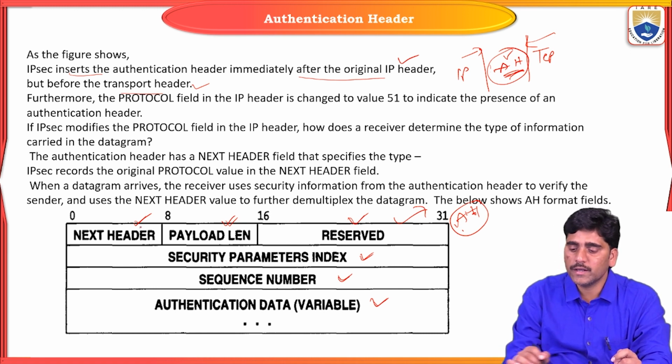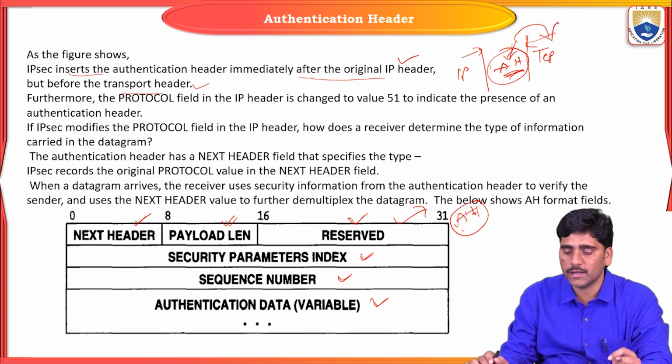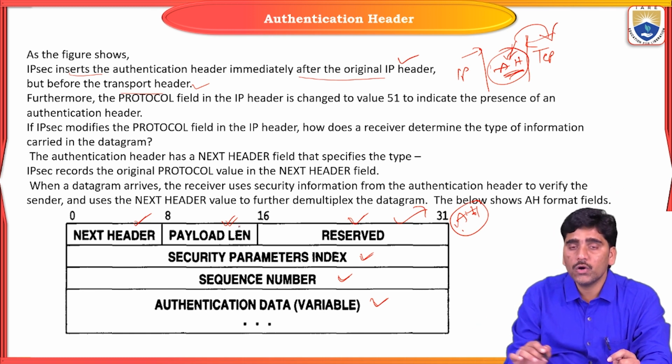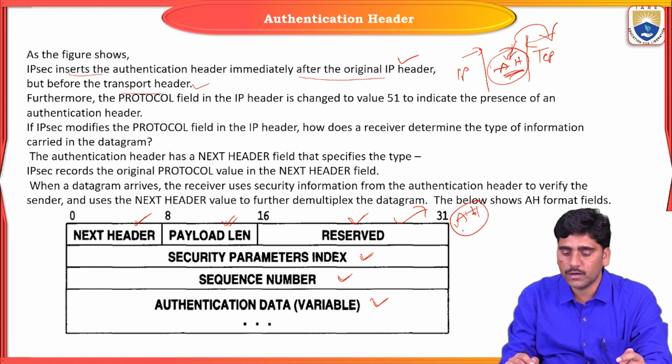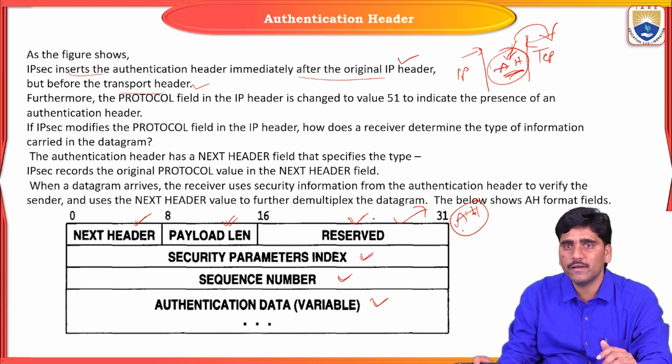Now, what does the next header indicate? In the authentication header, the next header indicates that it is a TCP header. The payload length says how much data is going to be carried. The reserved field is reserved for extra fields.